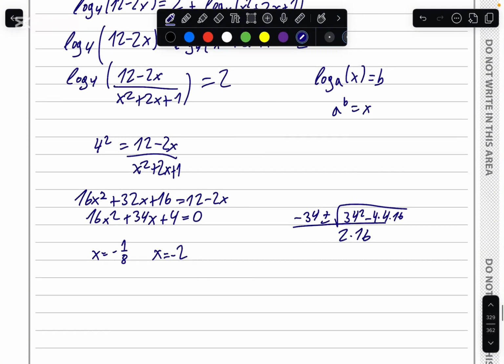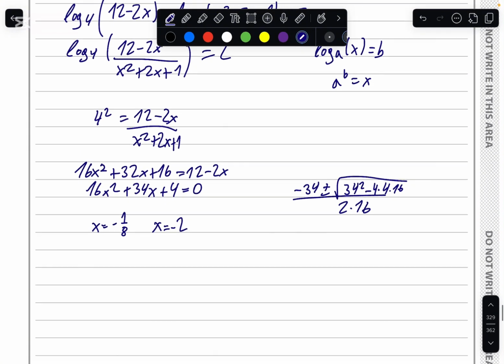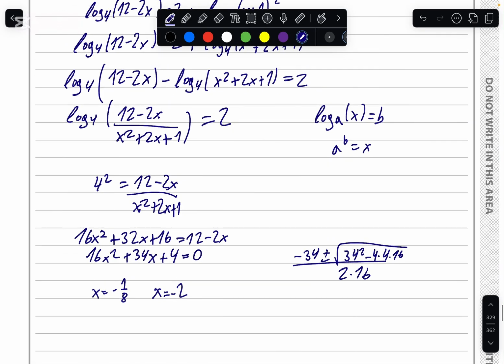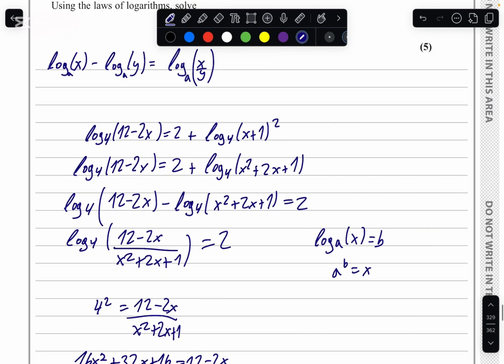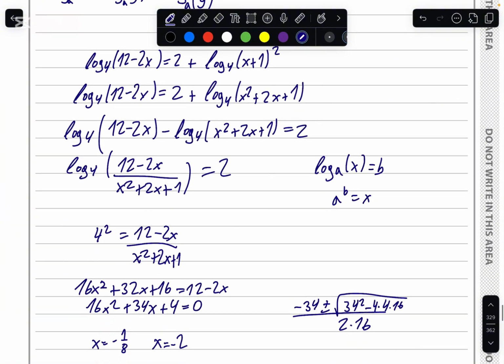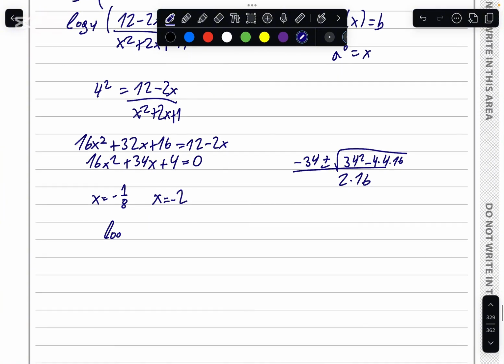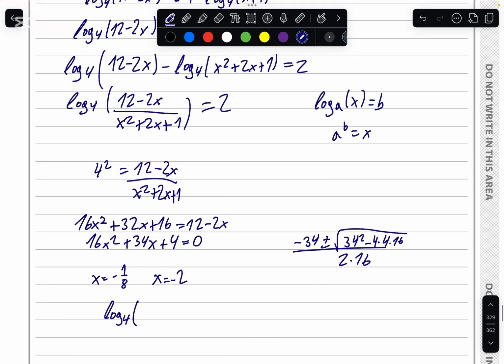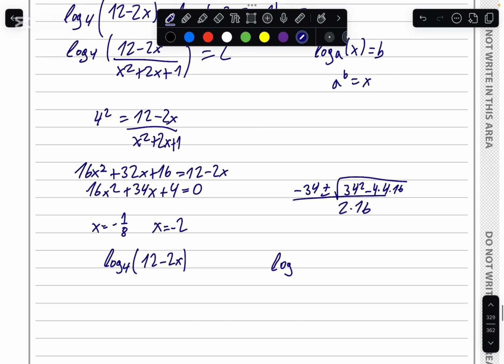From the quadratic equation, we find two answers, but we can only have one answer, so it means that we must reject one. In order to reject one, we have to input x into each of the logarithms provided, and see if these give a negative answer.